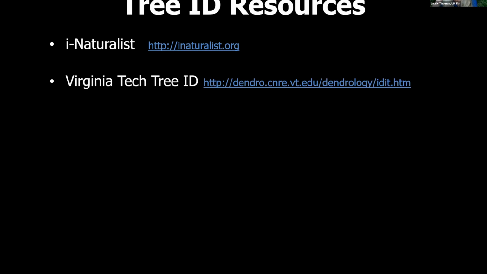Another one is Virginia Tech Tree ID, and they also have an app that you can download on your phone. It's very robust, and it can be a little tricky to use just because it has 400 or 500 different species in there. But it is a really good resource. Now, their website is also awesome.